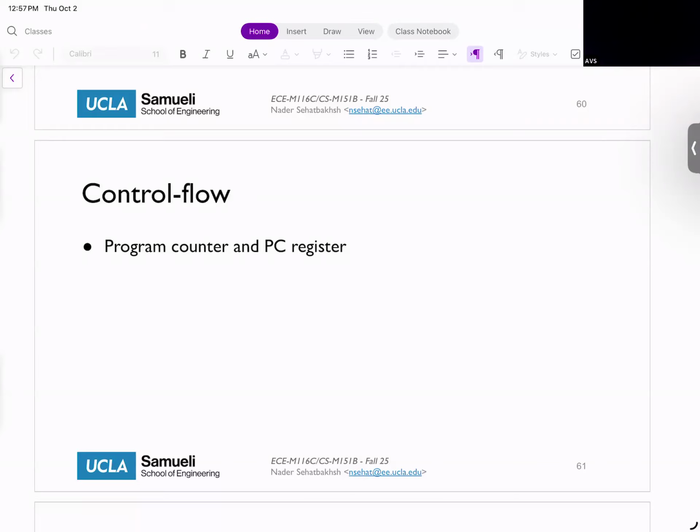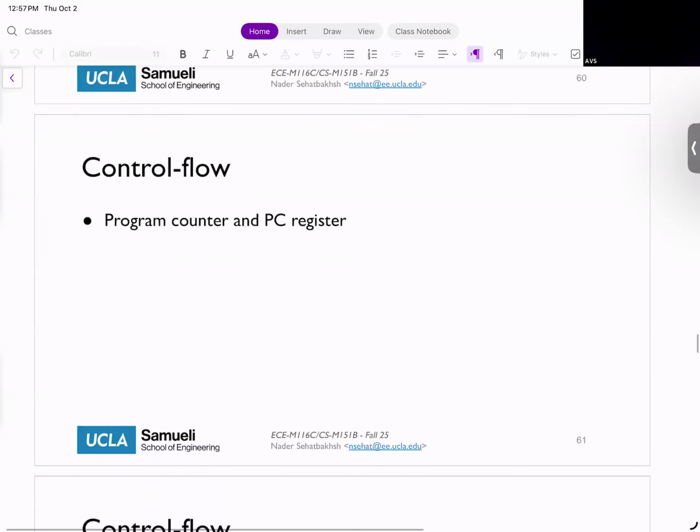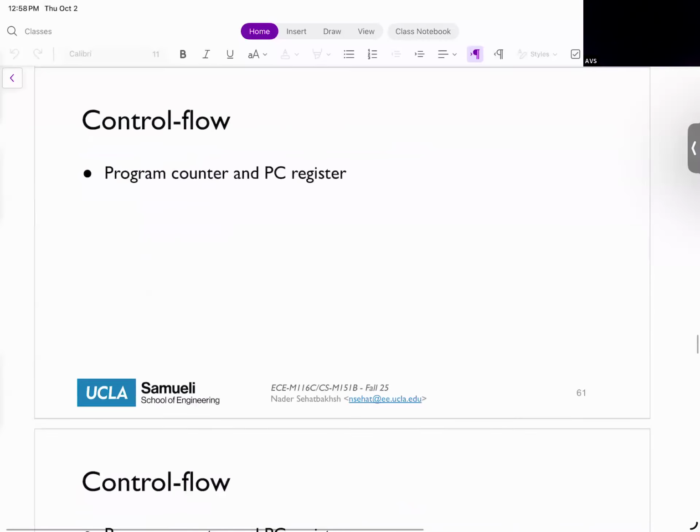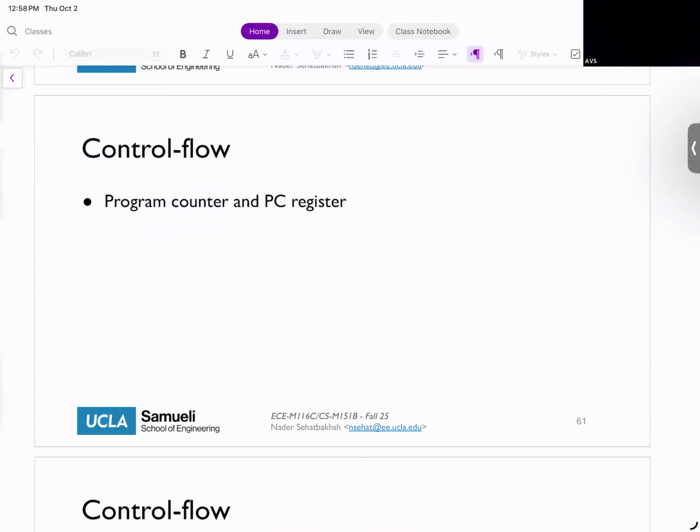So if you want to run any instruction, all I need to do is change the PC to point to the address of that instruction. And remember I told you that instructions are also stored in the memory. So essentially what I need to do is change the address, or the value, that this PC is storing, which is pointing to the address of that instruction.